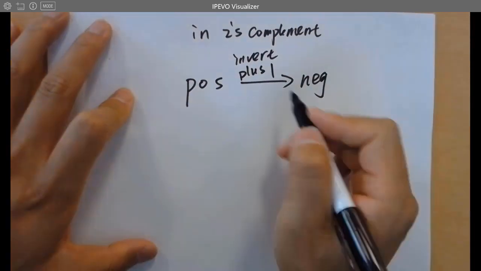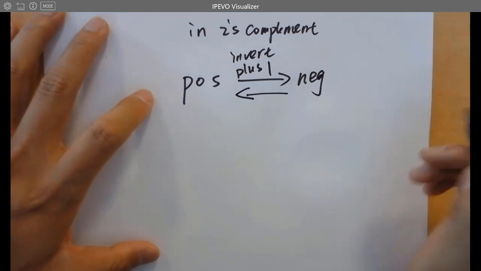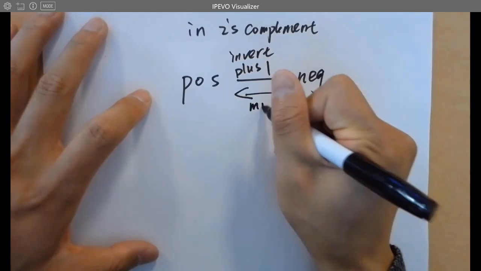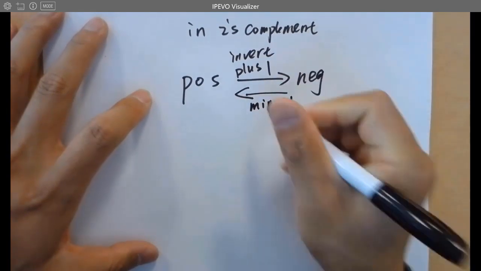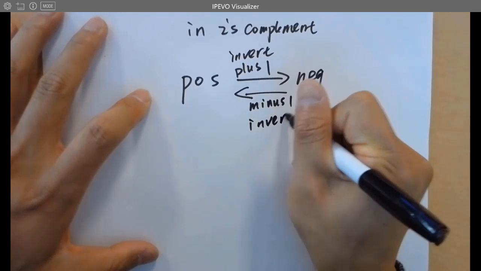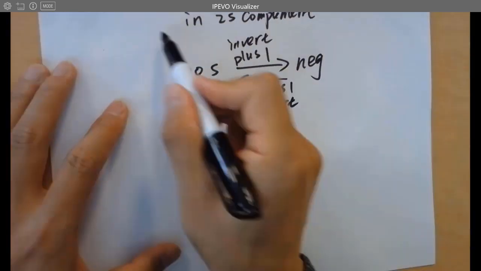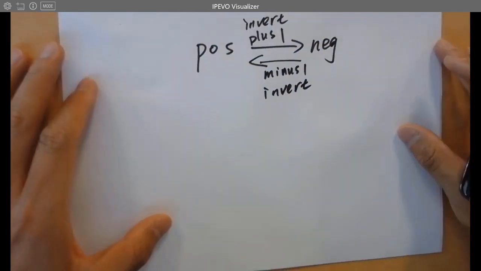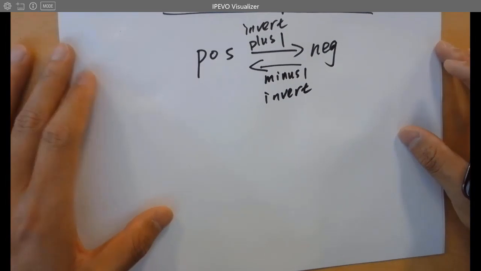Negative to positive, we are doing minus 1 and invert. Okay, clear?